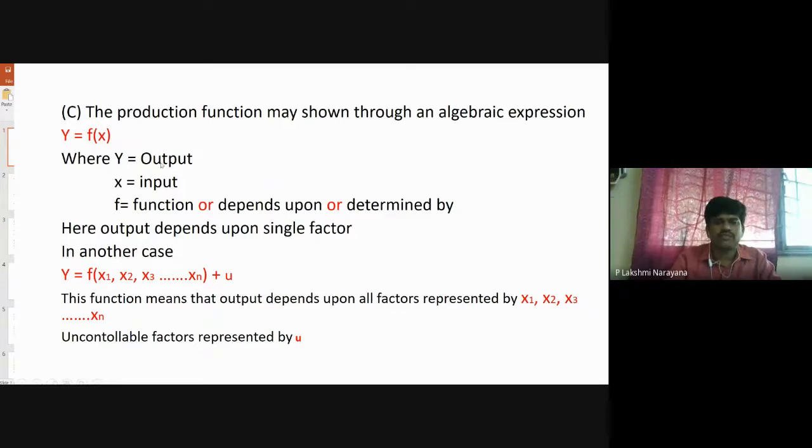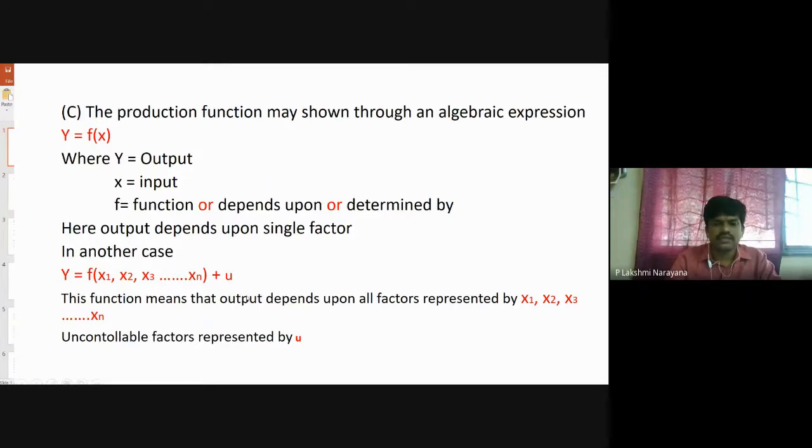But in this equation, the output y depends upon x1, x2, x3, and so on xn. F can be read as depends upon, or function, or determinant.